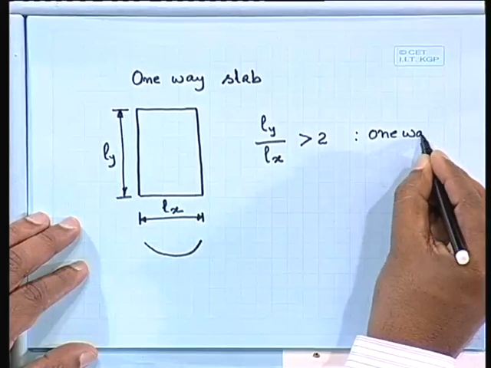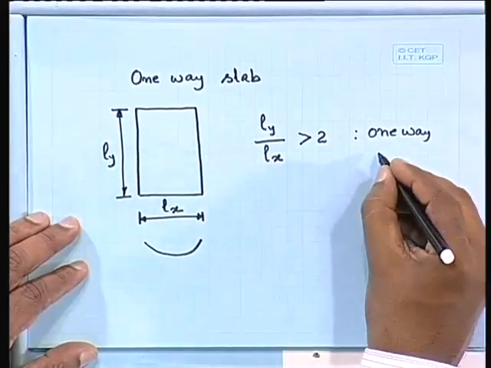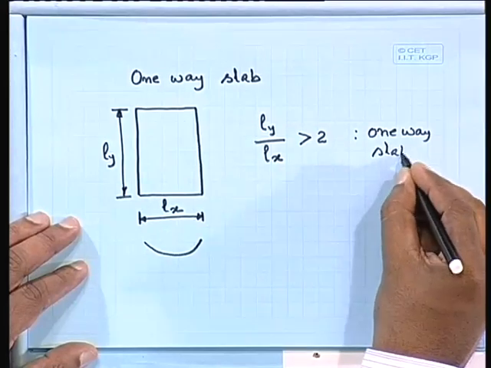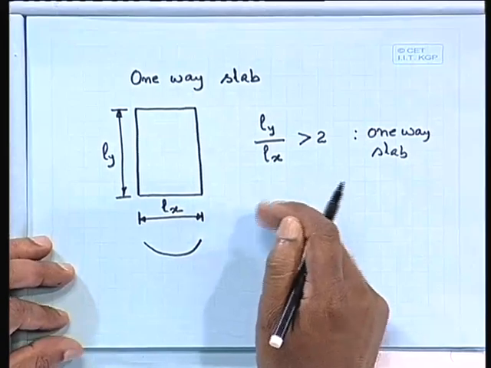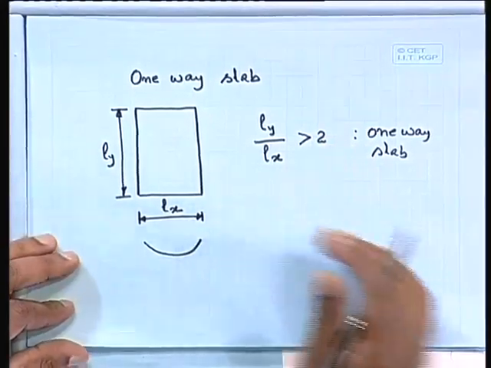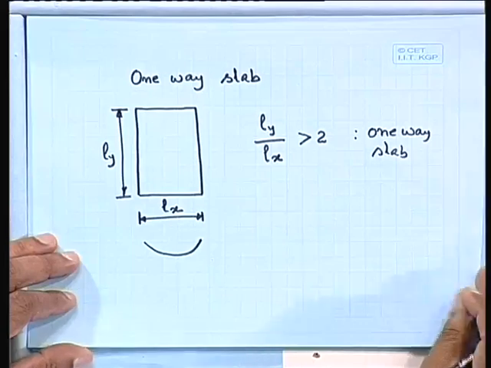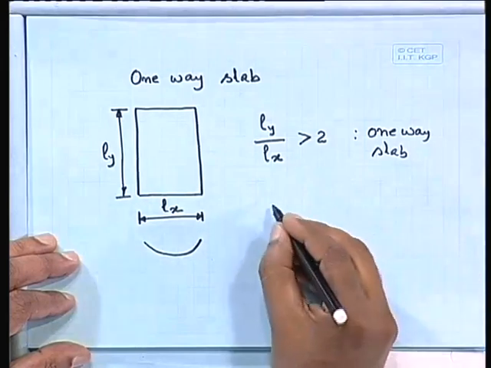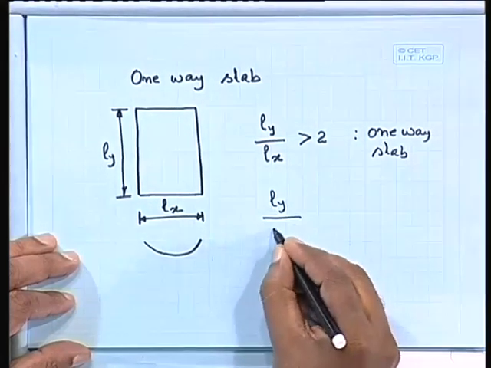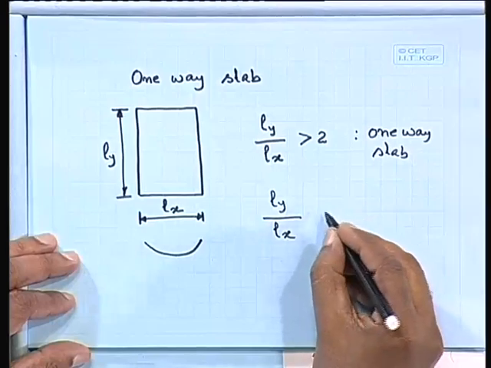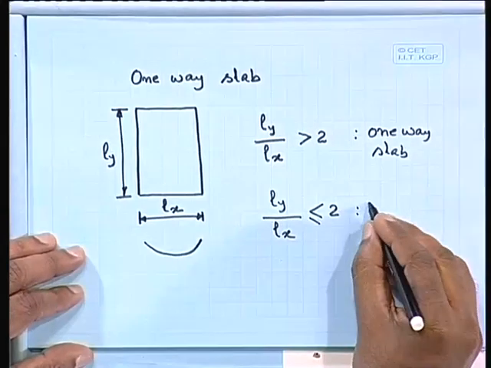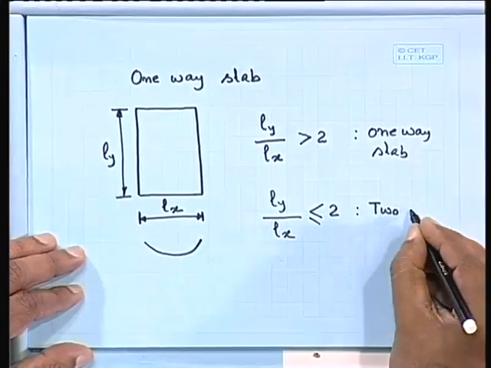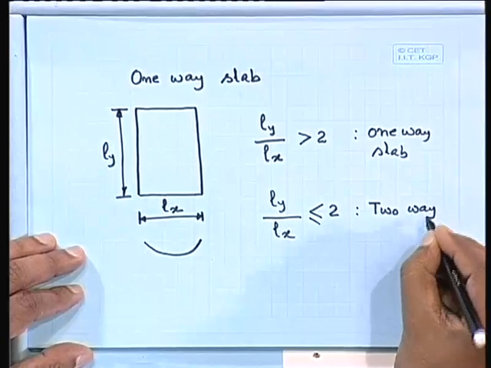So, the more load will be taken in the shorter direction, and we can design only the bending, taking the shorter direction, and that is what we have done in the last 2 classes. Now, today we shall do the other one, that is two way slab, where Ly by Lx is less than or equal to 2, and that is called two way slabs.